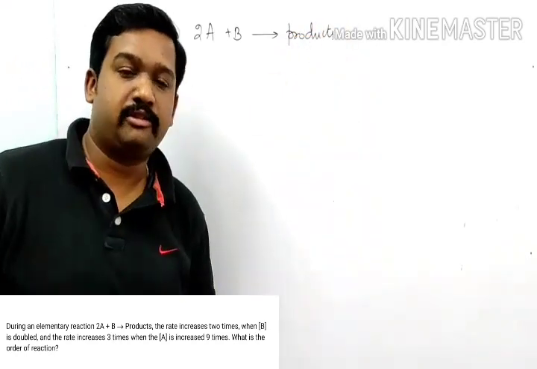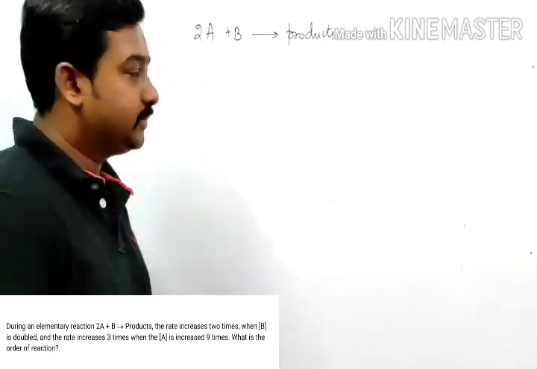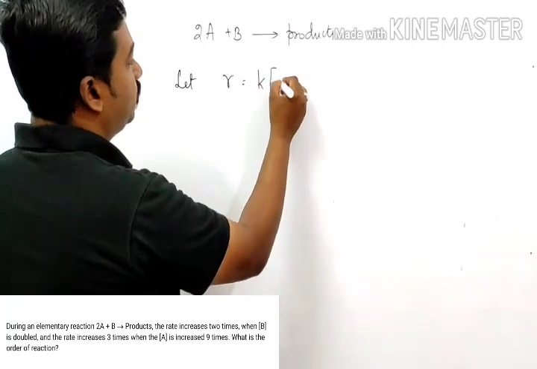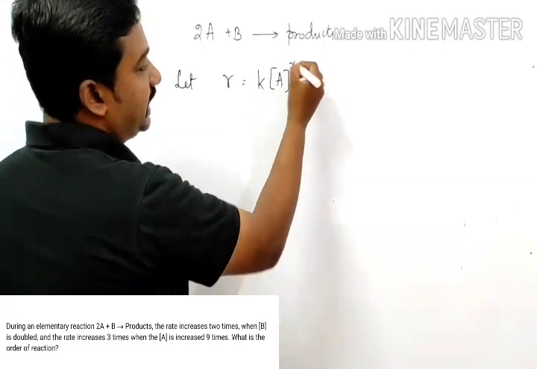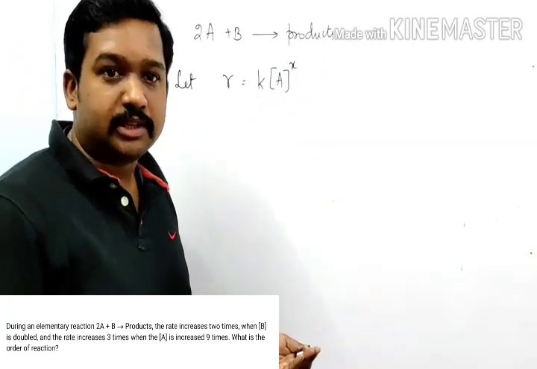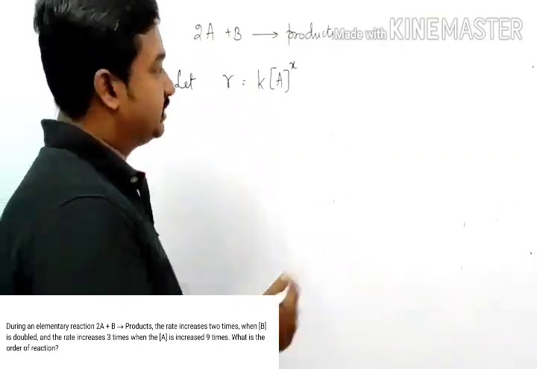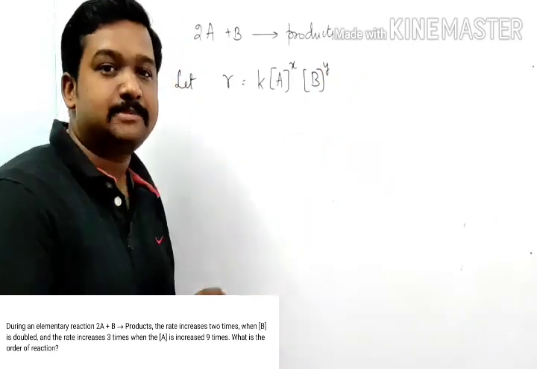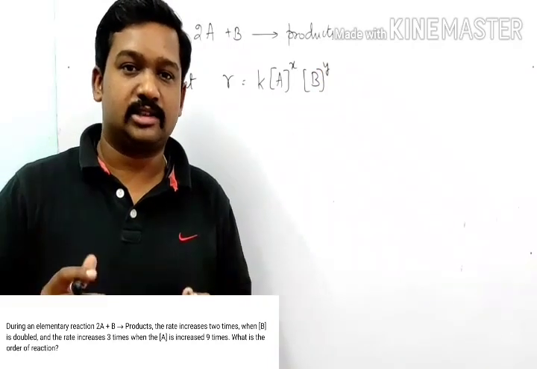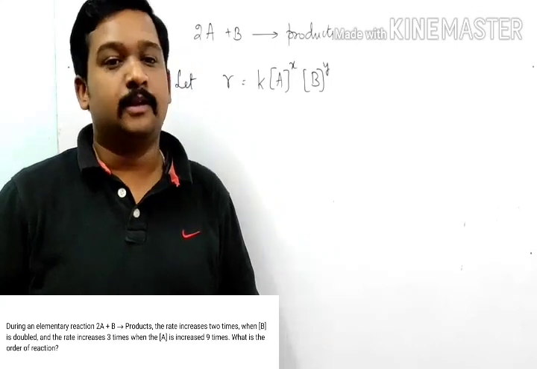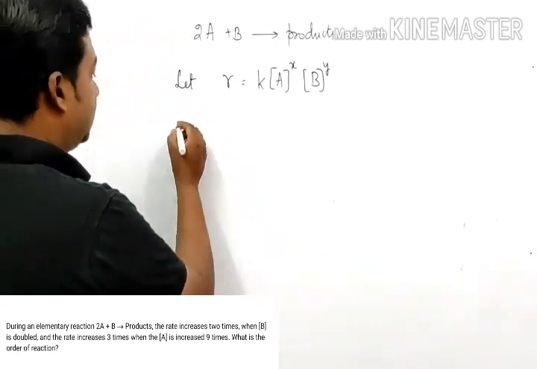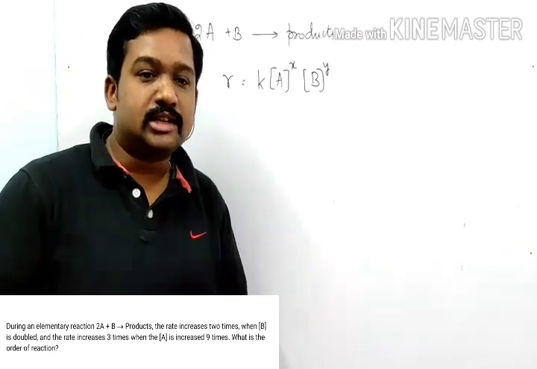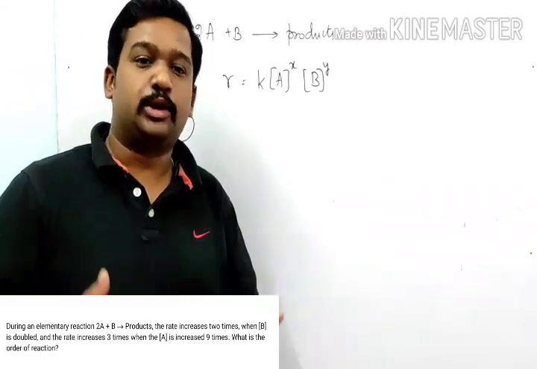Now for this reaction we need to assume a rate equation. Let's say rate is equal to K into concentration of A power X, because we don't know the order with respect to A, let's take it as X, and concentration of B power Y. So let this be the actual rate of reaction experimentally determined. Now let's apply the conditions. Condition number 1: the rate is doubled when the concentration of B is increased 2 times.